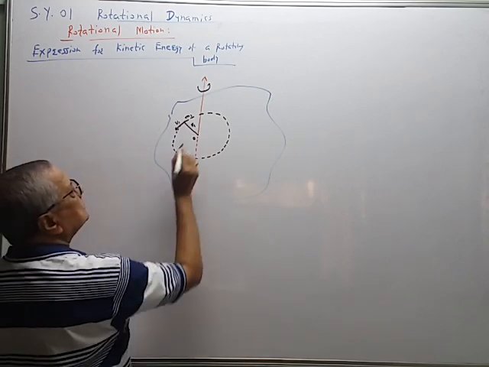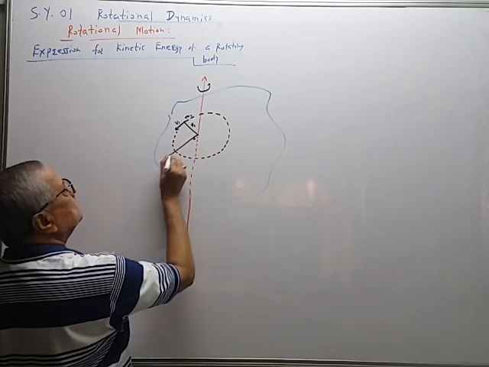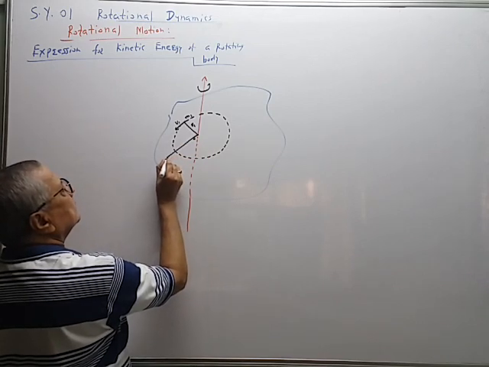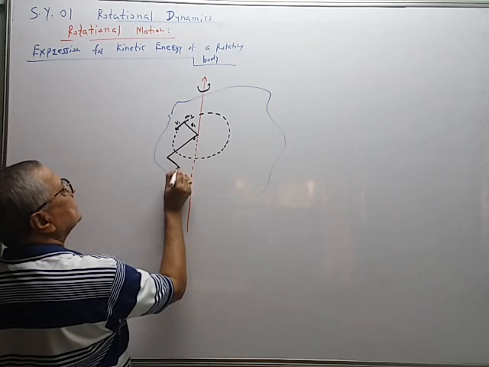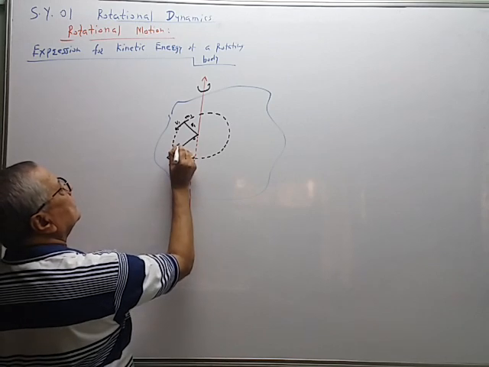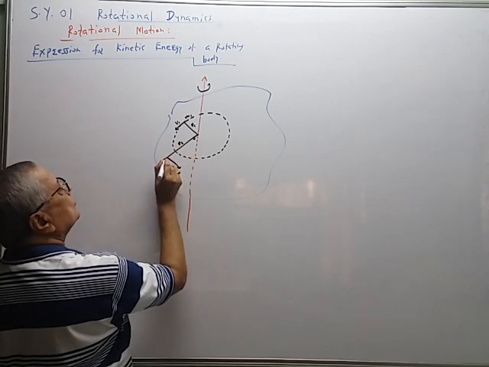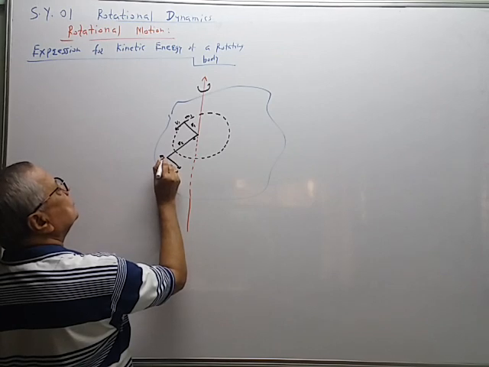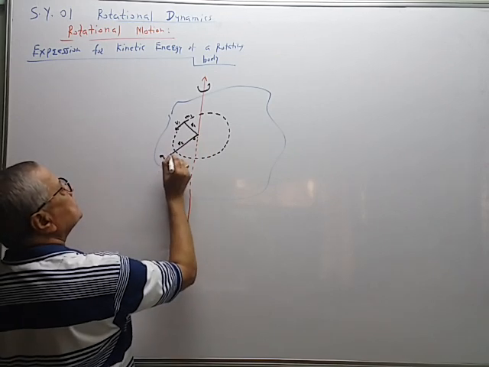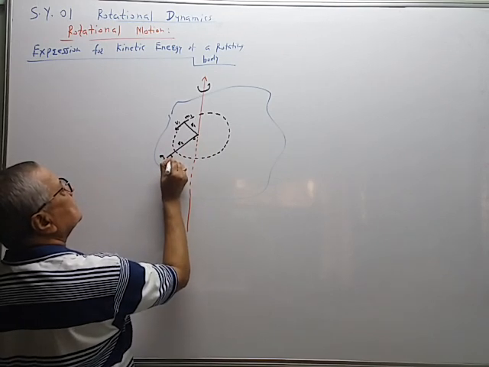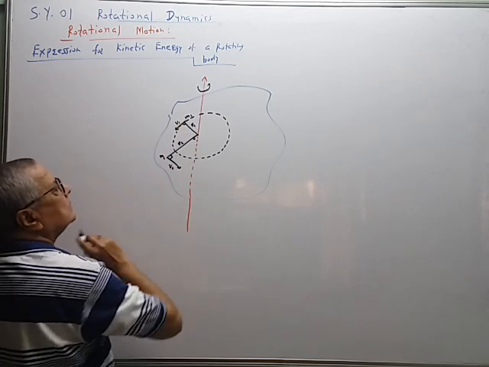Now, if we consider another particle m2, then it will have tangential velocity v2. Its radius of circular path is r2. So this is the radius vector, this is the velocity vector, and this angle is 90 degrees.